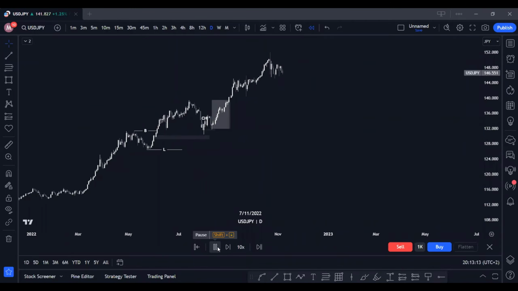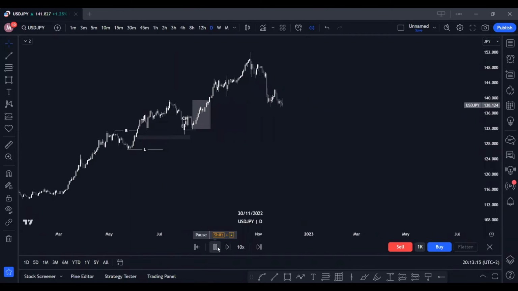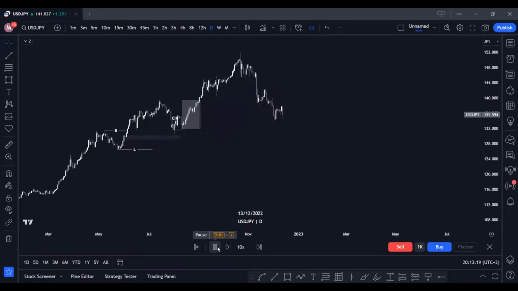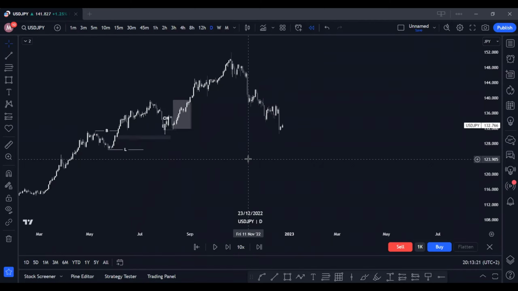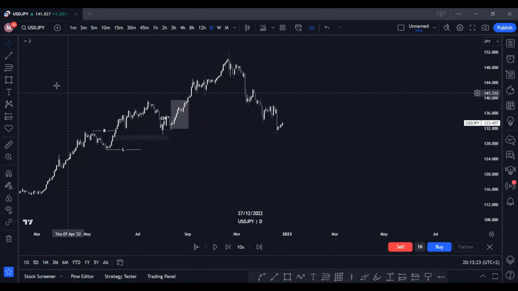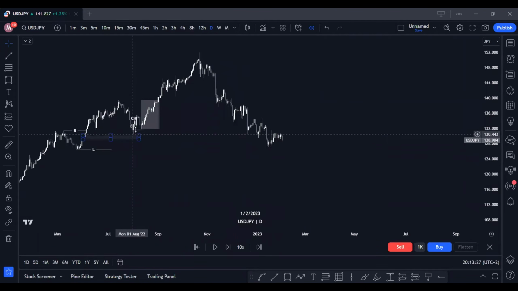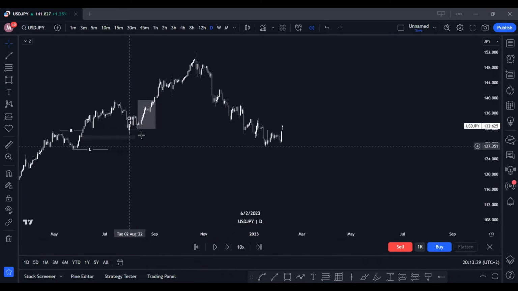Now let's just see what price does. Price pushes to the downside, and it takes out our previous higher low, which is where we took our previous entries from.